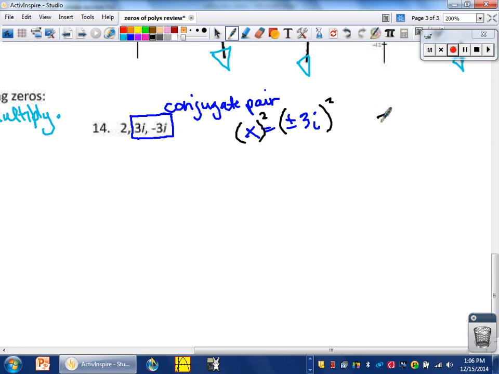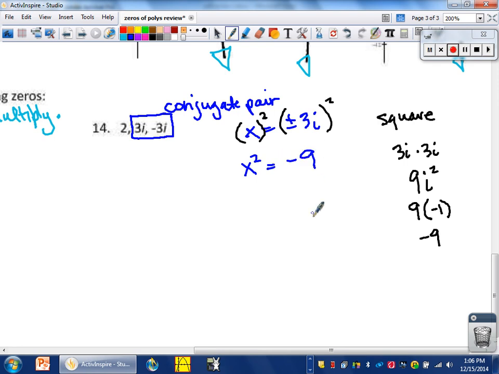There was a sneeze, by the way. Okay, square both sides. So what we get over here, 3i times 3i, 3 times 3 is 9, i times i is i squared. If we remember, i squared is always replaced with negative 1. 9 times negative 1 is negative 9. So now we have x squared equals negative 9.